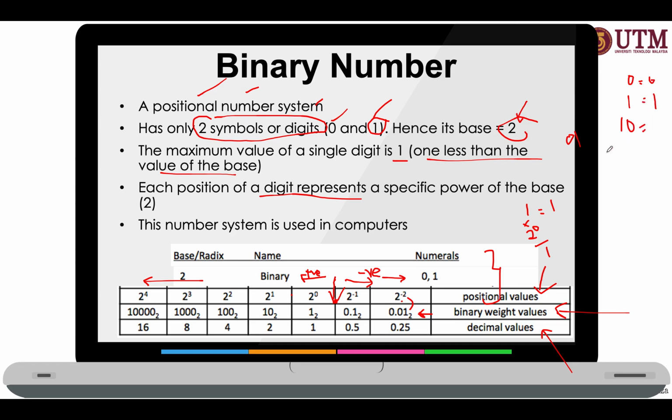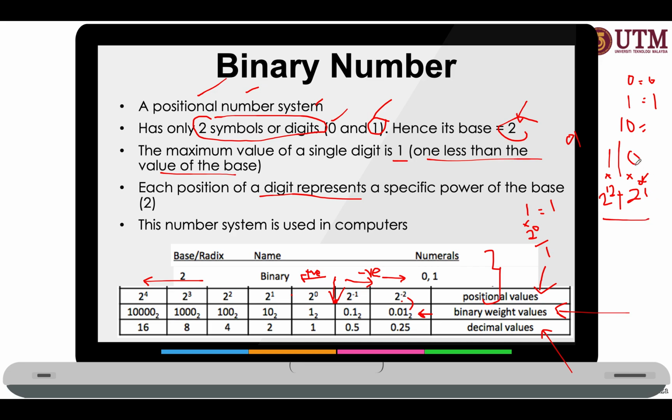What is basically 1, 0? It is 0 times 2 to the power of 0, and then this one is 1, you multiply with 2 to the power of 1. To the power of 1 you can calculate by yourself, it is 2, and then to the power of 0 you get 1. So every single digit with a power of 0, you will get 1.